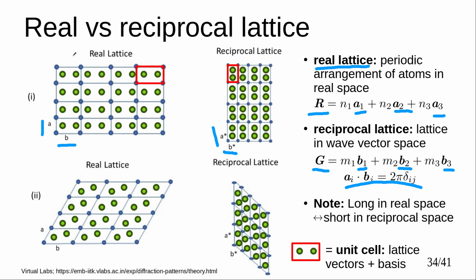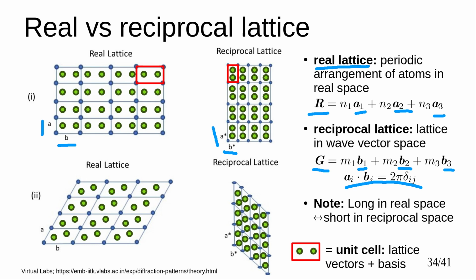We have sodium and we have chloride, and because it's a periodic pattern, you only need to know the position of one sodium and one chloride, and you can build up the whole sodium chloride lattice by just knowing those two positions, which is quite helpful.